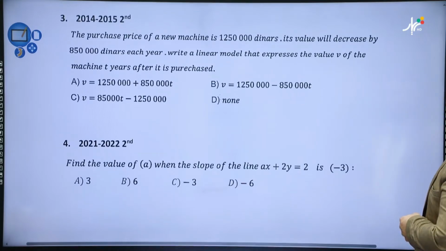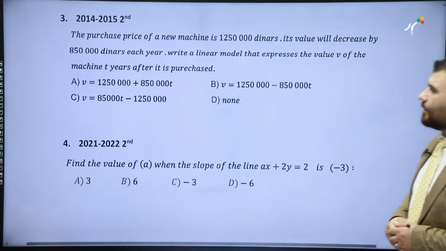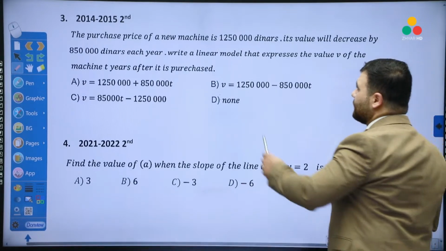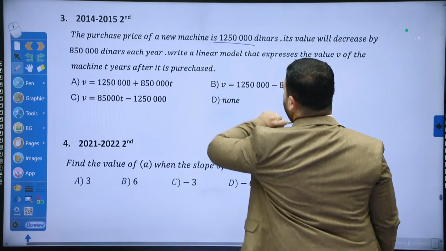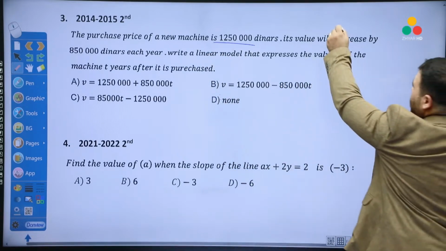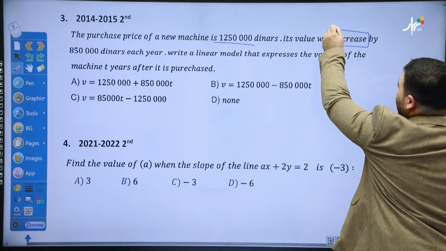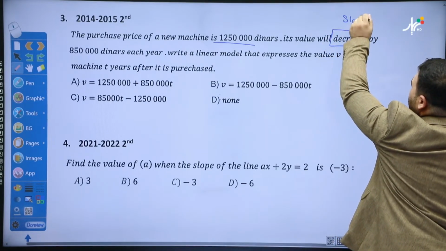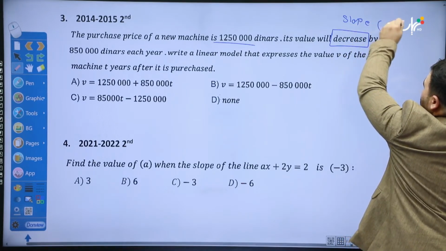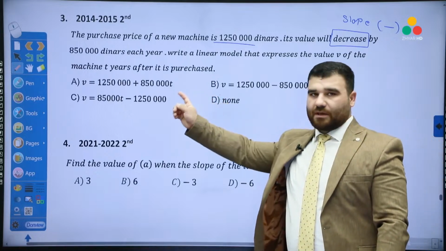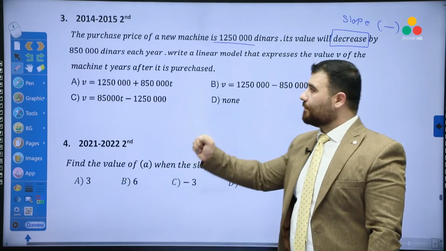This question: the purchase price of a new machine is 1,250,000 dinars. Okay. Its value will decrease. Remember, decrease means slope is negative. Slope is negative. Decrease. Then in the equations, I should choose an equation that has a negative slope.